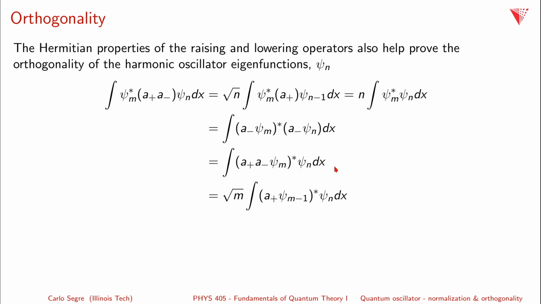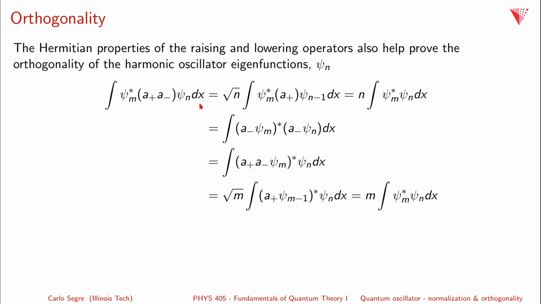Well, again, we can do that. But first, when we apply A minus, we get square root of m times psi m minus 1. We then apply the A plus, we get another square root of m in front. So now we have m times the integral of psi star m psi n dx. So you look at these and you realize that these two integrals are identical.